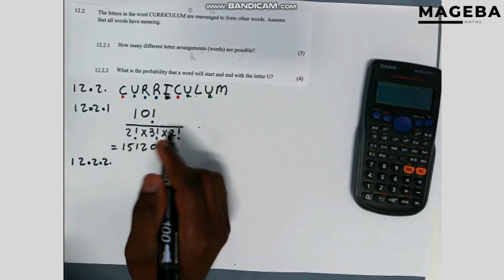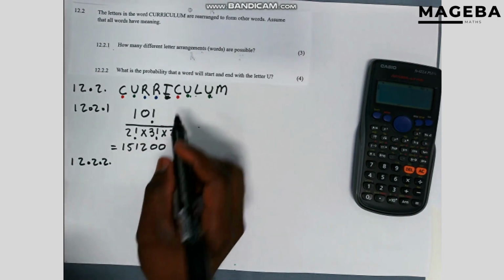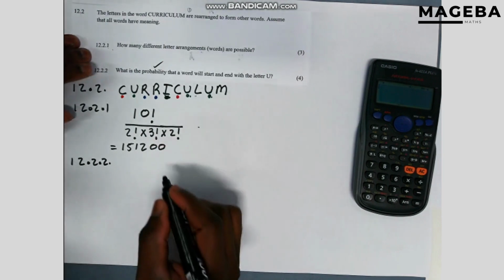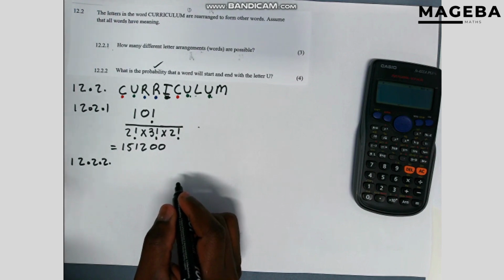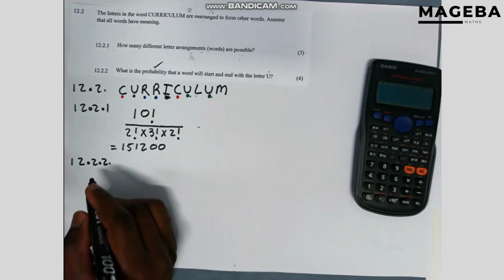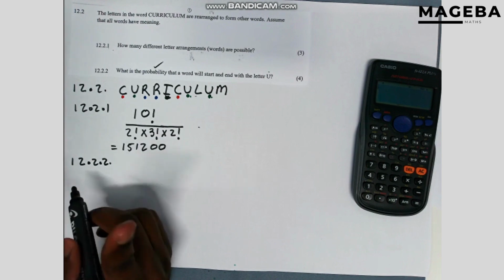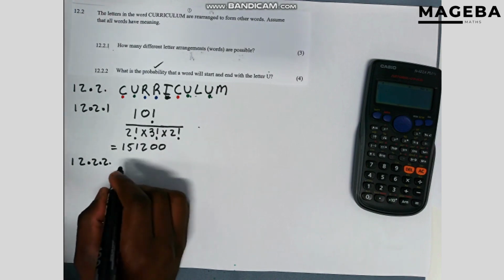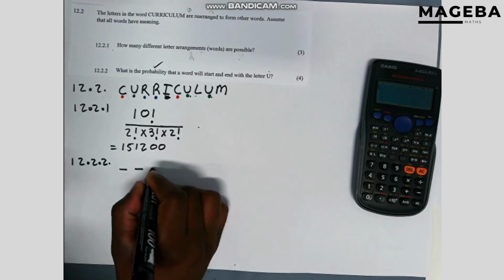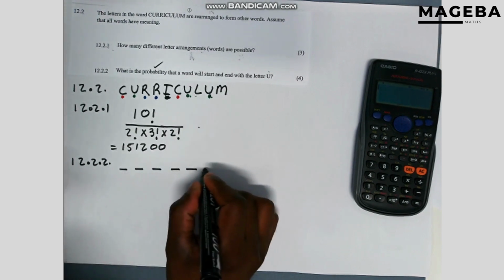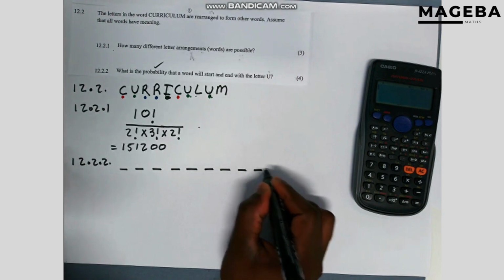Now they are asking what is the probability. One of the important words here, they are calculating the probability that a word will start and end with what? With the letter U. Now we said we have 10 letters. 1, 2, 3, 4, 5, 6, 7, 8, 9, 10.